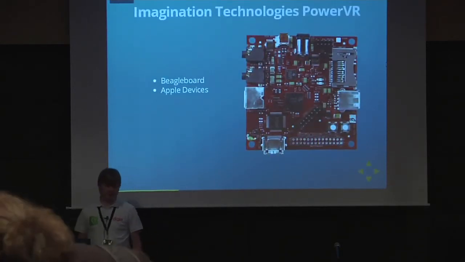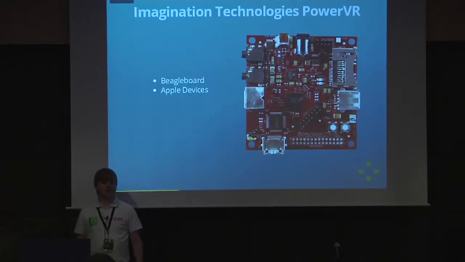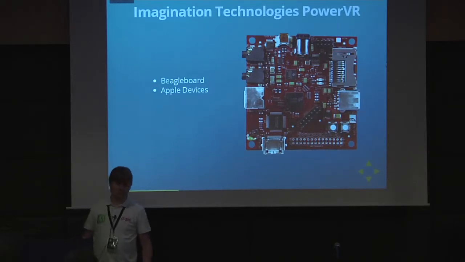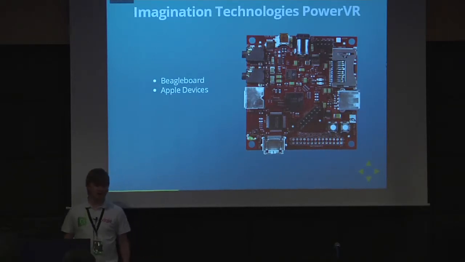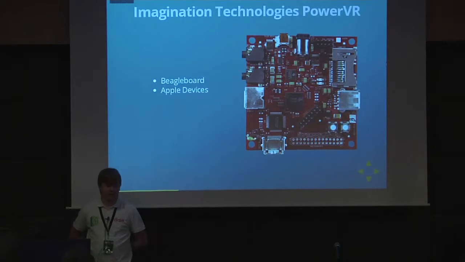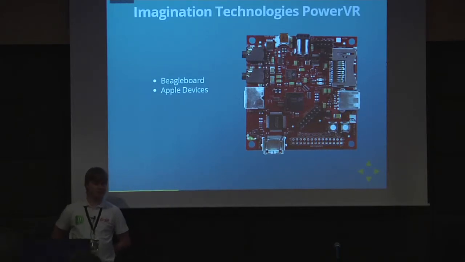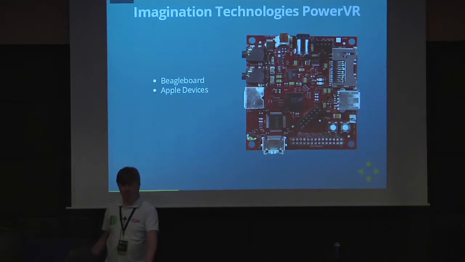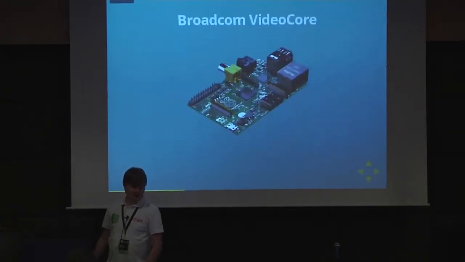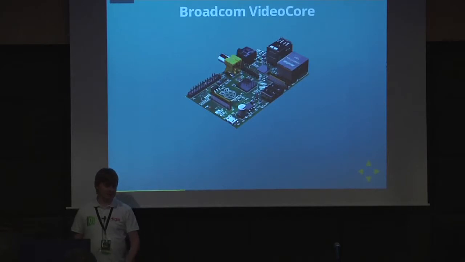And in this space, the most popular of the GPUs is the Imagination Technologies PowerVR GPU. You see this in the BeagleBoard device, as well as almost all Apple devices, with maybe the exception of a few that are Broadcom VideoCore devices. The Raspberry Pi that we'll be using today is using the VideoCore GPU.